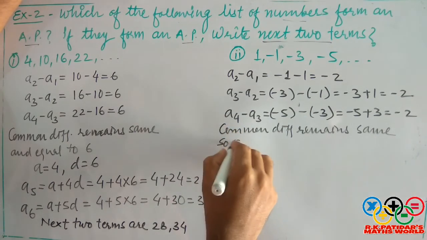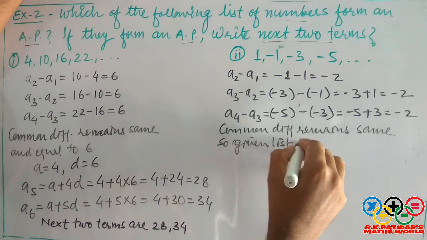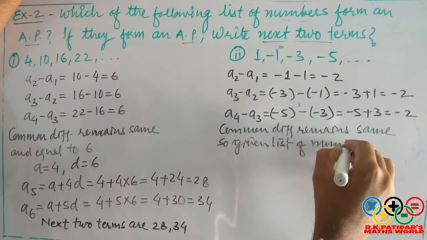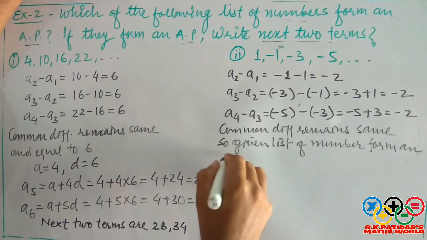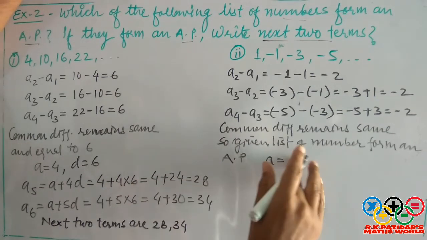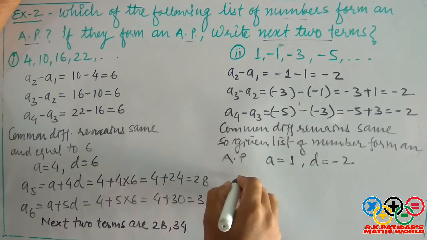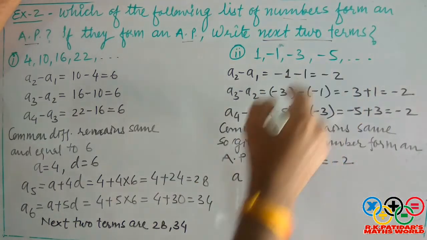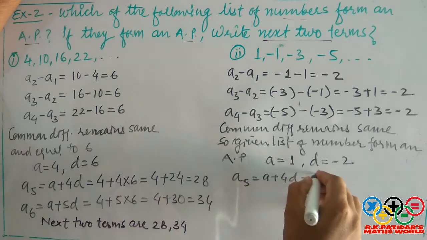So the given list of numbers form an AP with A is equal to 1 and the common difference is minus 2. So the next term, means fifth term, will be A plus 4d.